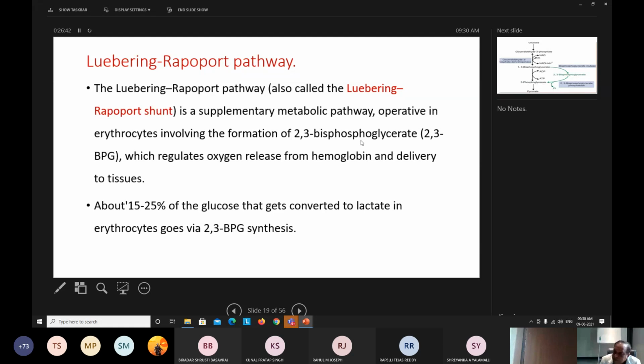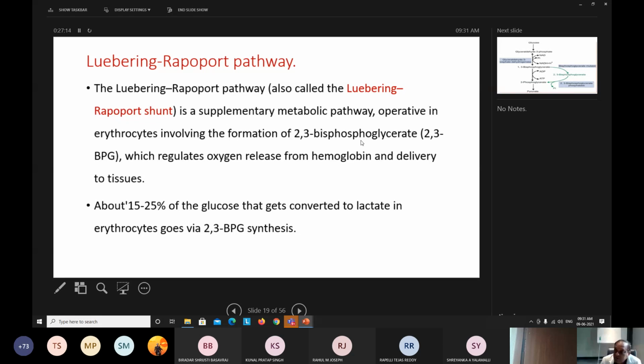This is a bypass or supplementary pathway which operates more in the erythrocytes, where a compound called 2,3-bisphosphoglycerate is formed, which helps regulate the release of oxygen from hemoglobin and its supply to the tissues. This is more beneficial when persons are in an anemic condition.